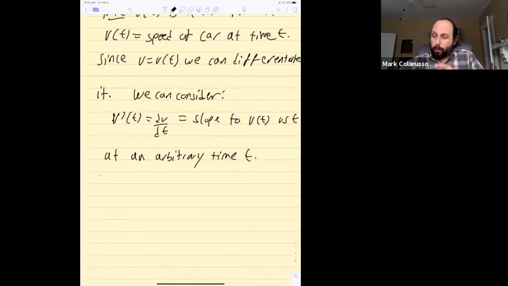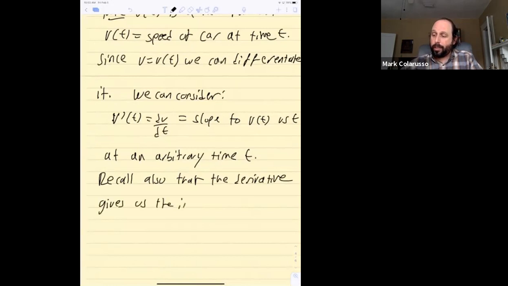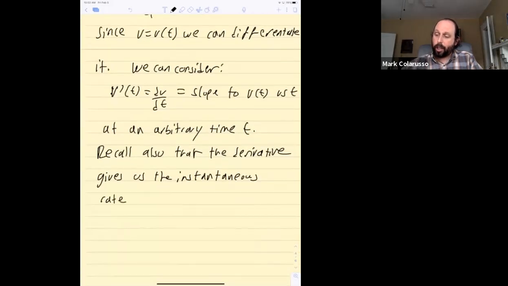So recall that the derivative gives us the instantaneous rate of change of v as a function of t at an arbitrary point.